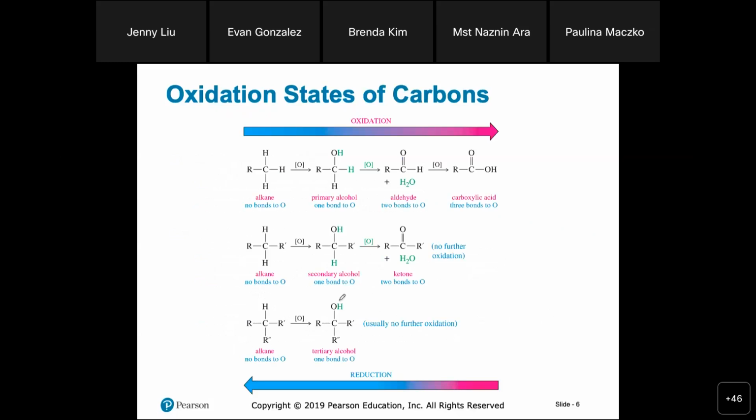Here we can see the arrow of oxidation and reduction. We already learned that oxidation means the gain of oxygen, and reduction means the loss of oxygen or gain of hydrogen. So what is the oxidation state? Does anybody know what the oxidation state is?